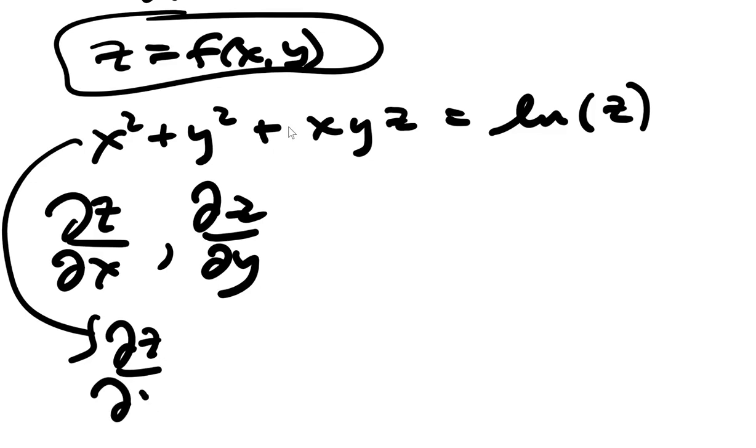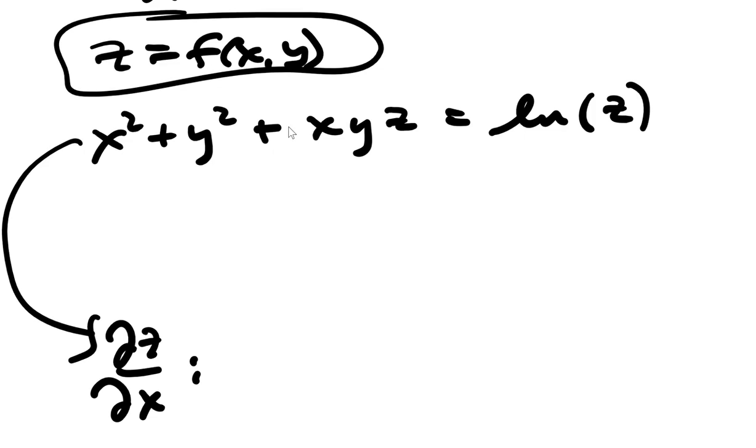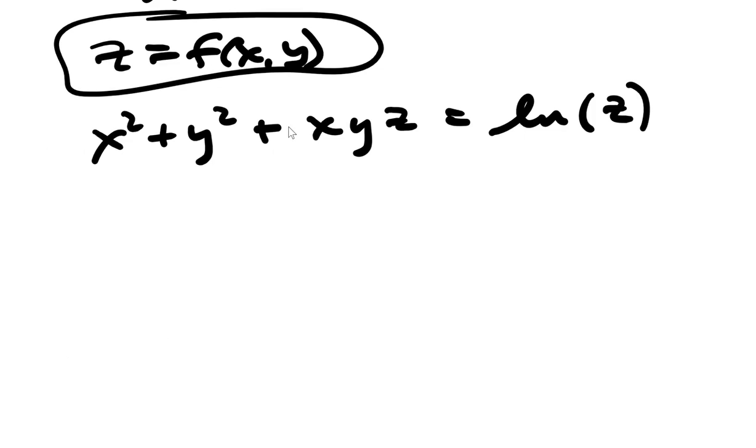Let's see, partial x. I'm going to take the derivative with respect to x in my equation. Let me go ahead and write it just below it. So it's going to be 2x. y is a constant, so that's going to be 0. Plus, all right, this is a product rule.